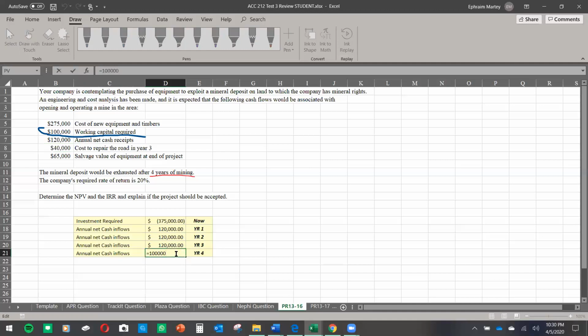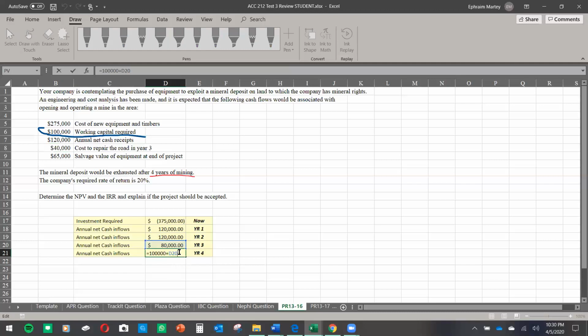But here, because you already have the 100,000, you will add it to 120,000. We are not done at all. And then it says the cost to repair in the 3rd year will be 40,000. So in the 3rd year, we will spend 40,000 on repair. That will reduce our cash inflow. So 40,000.